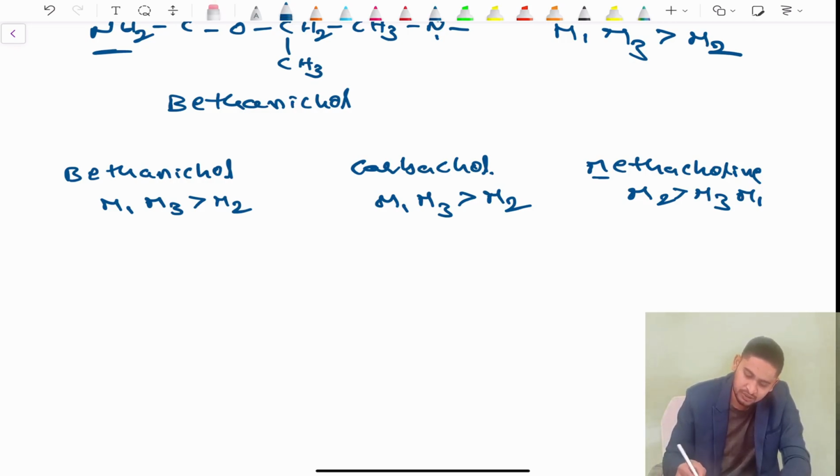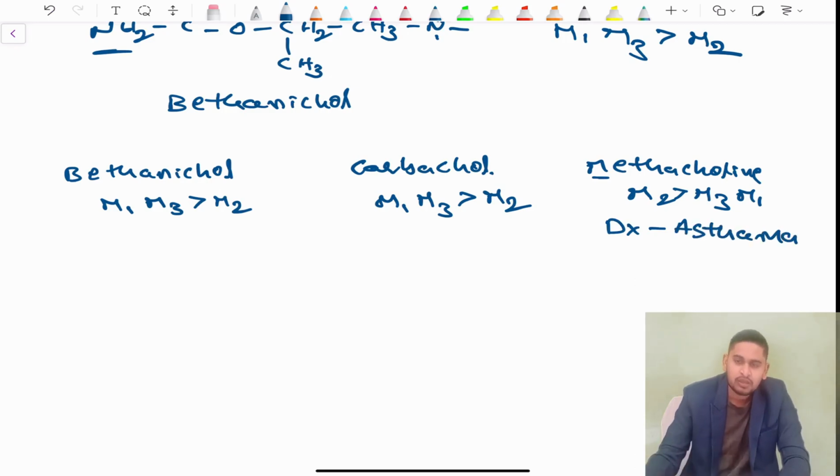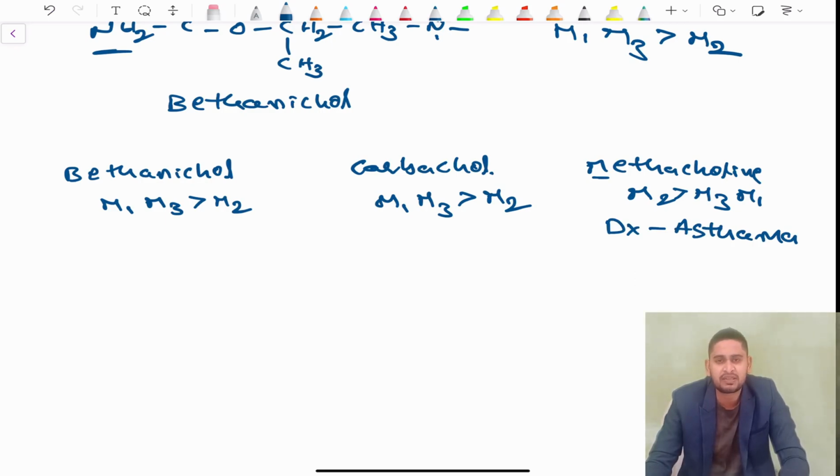This methacholine is used to diagnose a particular disease called asthma. So M3 receptors present in the bronchus muscles cause contraction of the bronchus muscles.